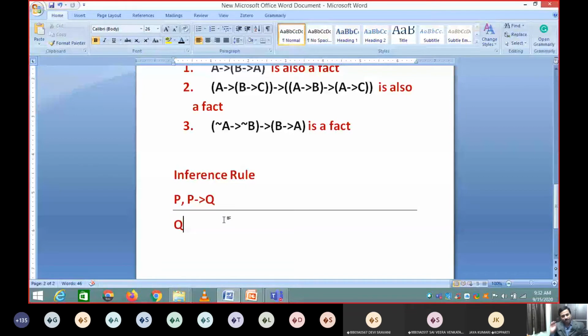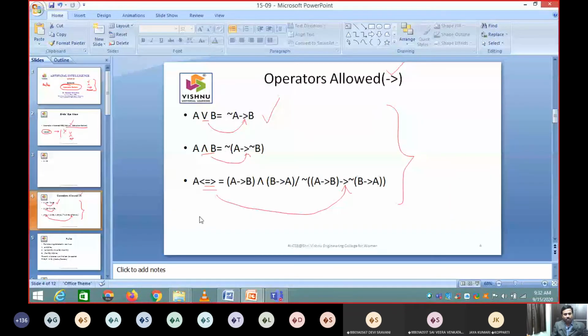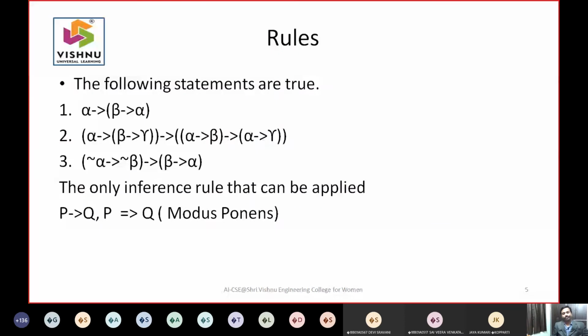So these basic things you have to remember, and we'll go to the slide to show how this representation was given in your textbook. This is how the textbook says. Every time the following statements are true, when your alpha is true, beta is true, that's what it is.